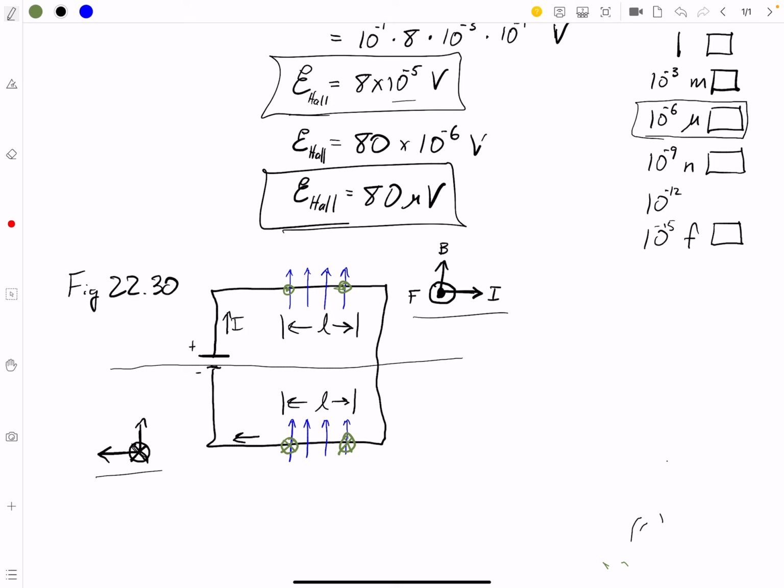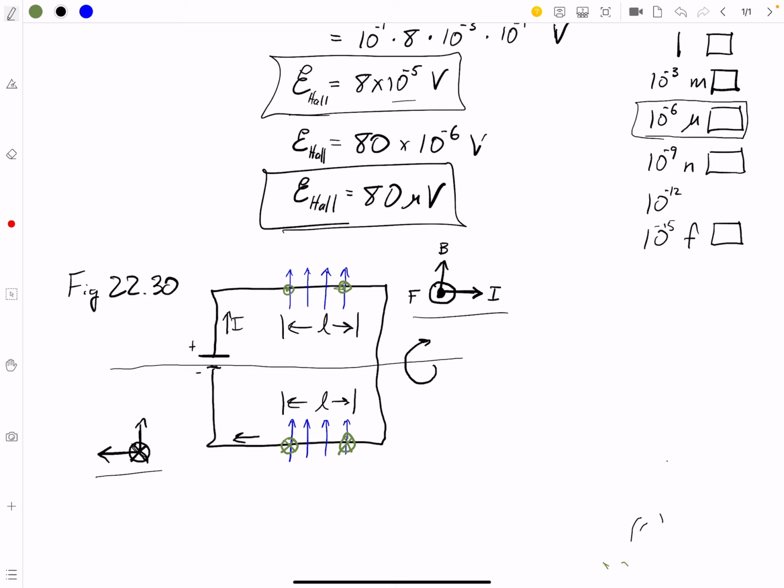That means that the force is going to want to go like that, spinning this thing around. That's what we're getting at. But first we want to know what is the force that's driving it.